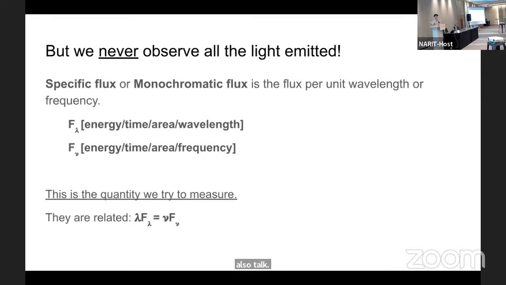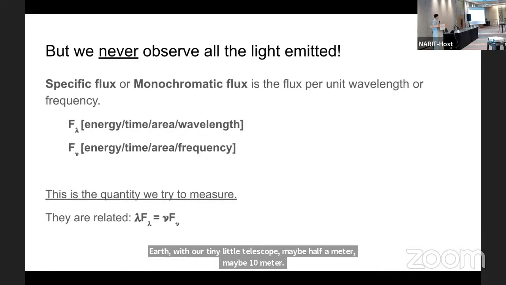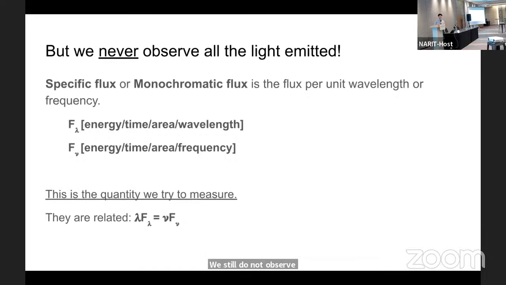But there is more complication. Even when we are sitting here at Earth with our tiny little telescope, maybe half a meter, maybe 10 meters, we still do not observe all of the light that is emitted. That's not just the spreading out part, but also because this light is emitted in many different wavelengths, and our device is sensitive to a range of wavelengths, as we saw yesterday.